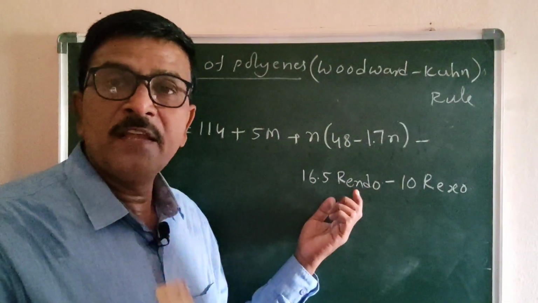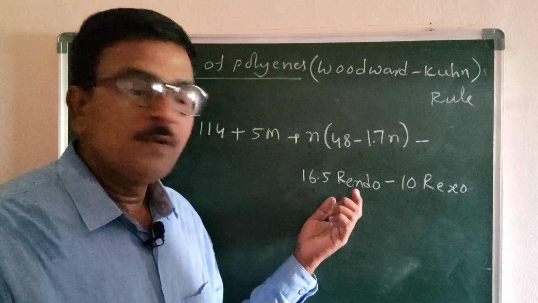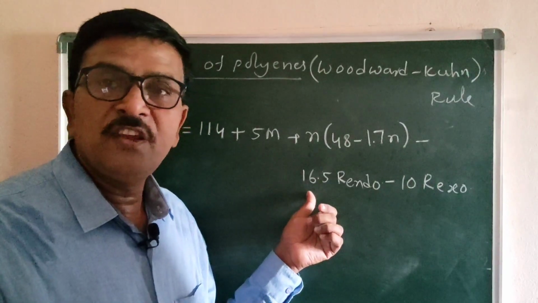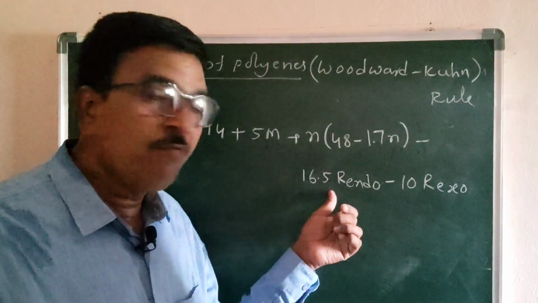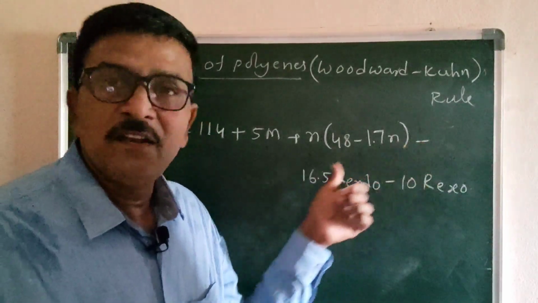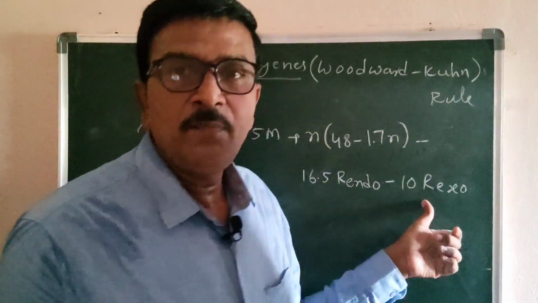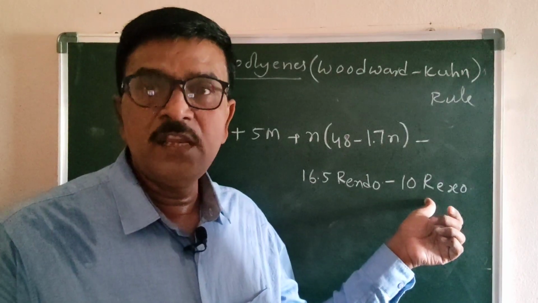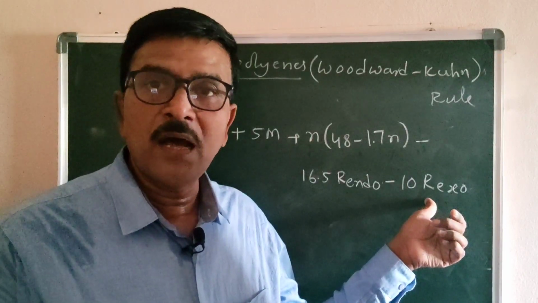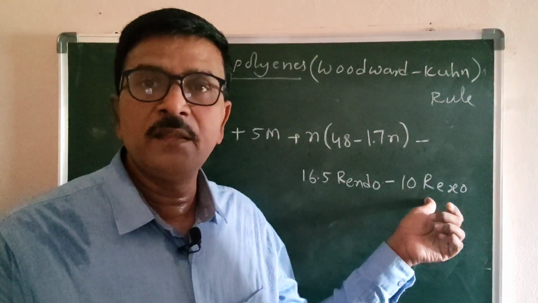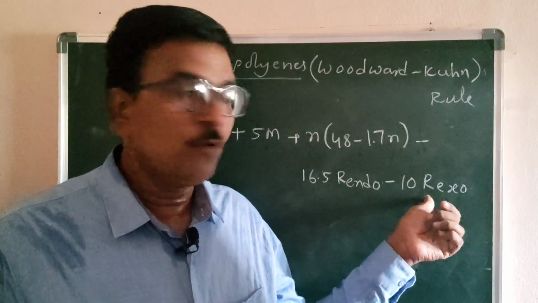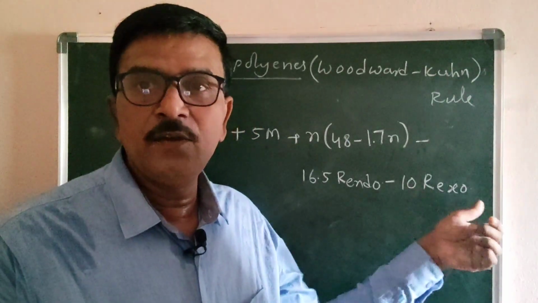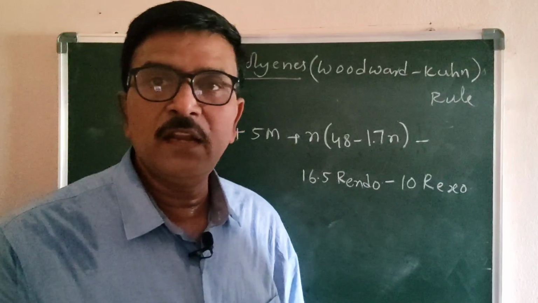That is, absorption maxima decreases, therefore decreased by 16.5 nanometer. Therefore, this is minus. And similar to that, each exocyclic double bond also shifts the absorption maxima towards hypsochromic by 10 nanometer, 10 into number of exocyclic double bonds.